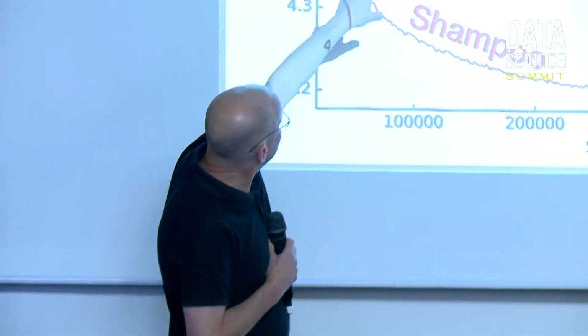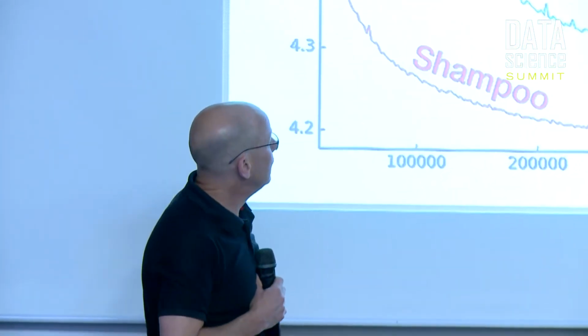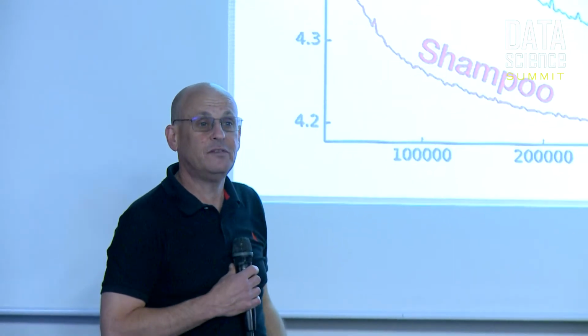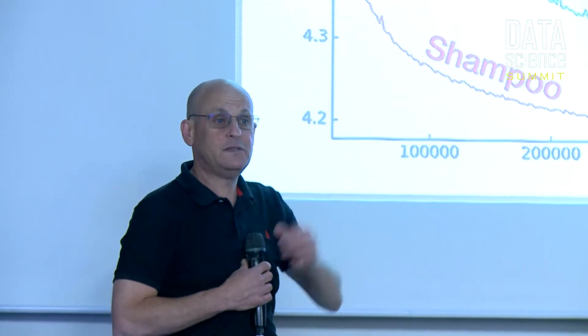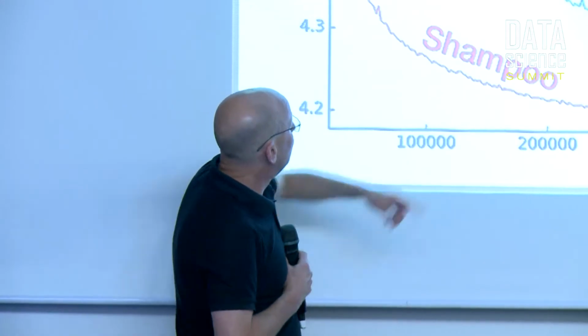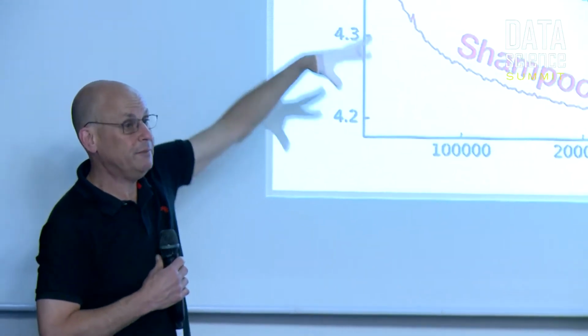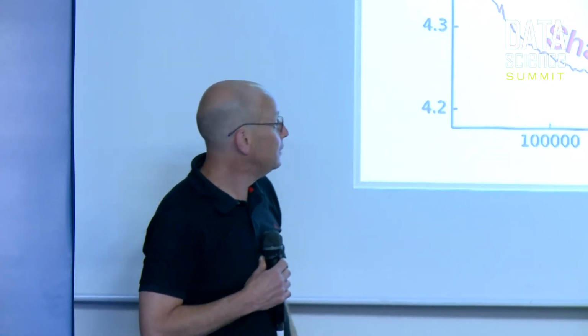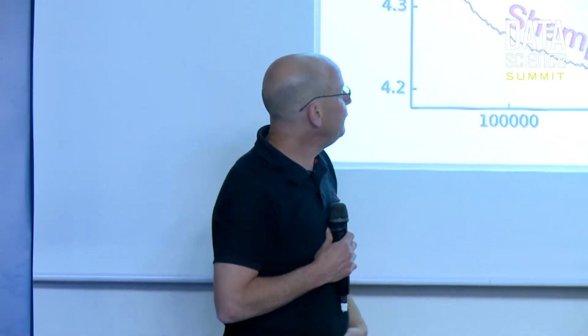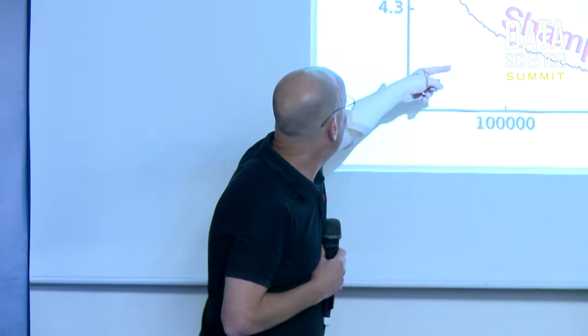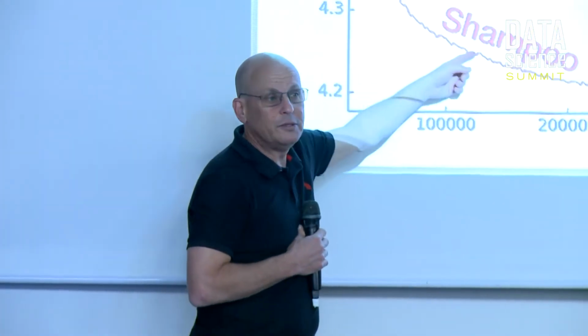And in black, you see a classical algorithm called the gradient-based technique, the one that has only scalar learning rates. In blue, this is one of the most popular algorithms for deep networks. It doesn't perform that well. In green, this is the previous incarnation of Shampoo. And this is the new preconditioner.